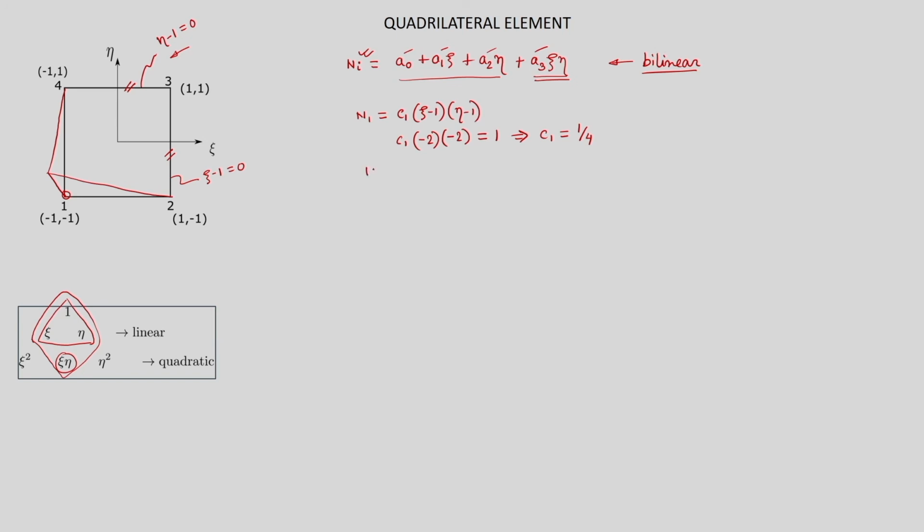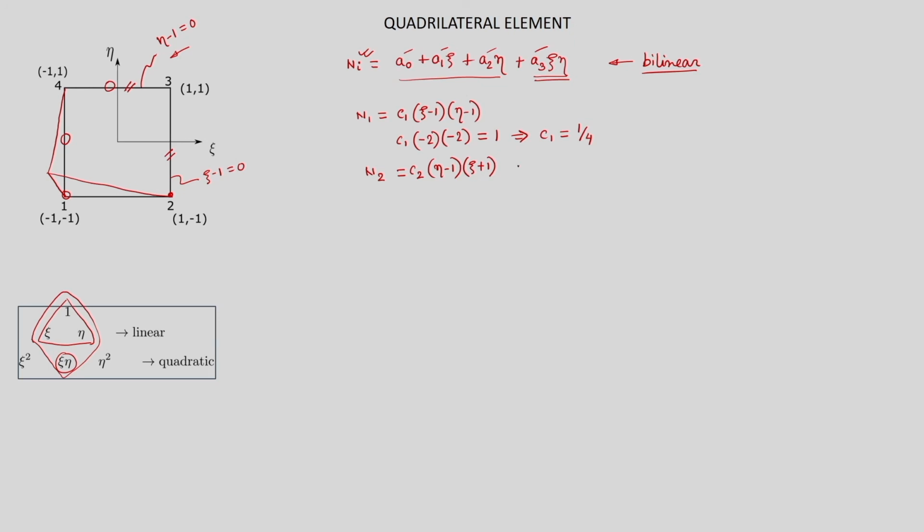Similarly, what about N2? N2 is 1 at node 2 and is 0 along these 2 boundaries. So I will write C2 into eta minus 1, and the other boundary is xi minus minus 1, so xi plus 1 equal to 0.